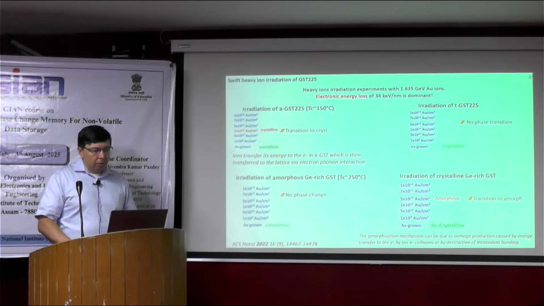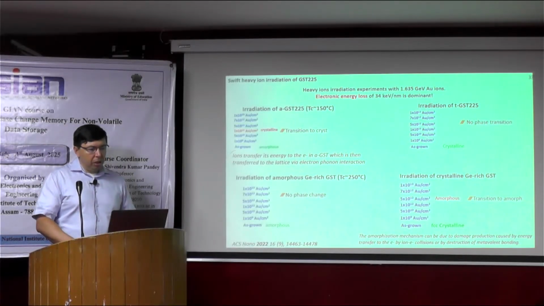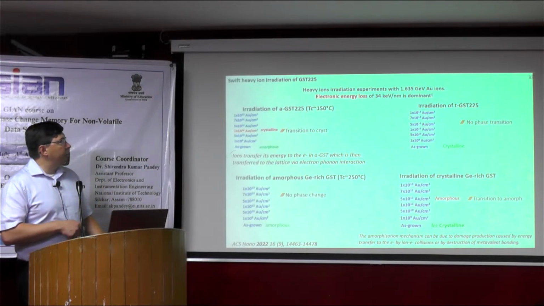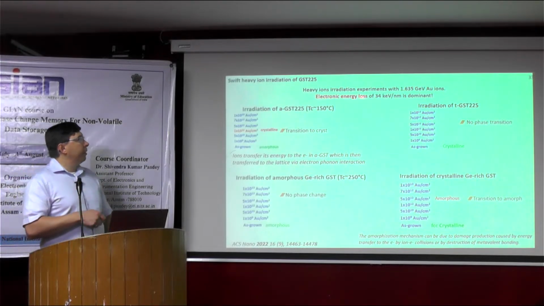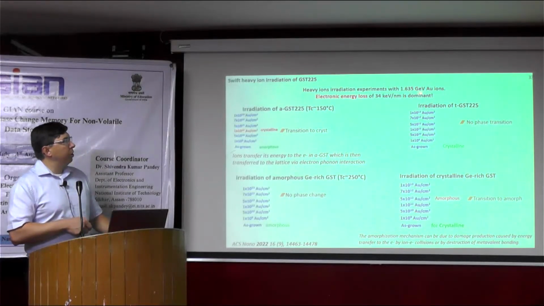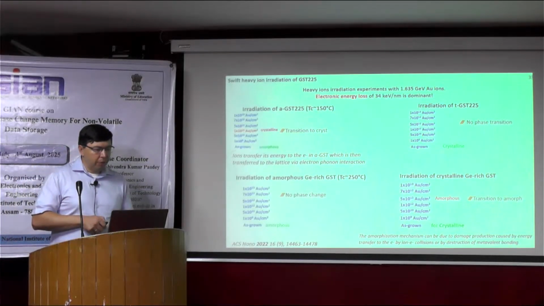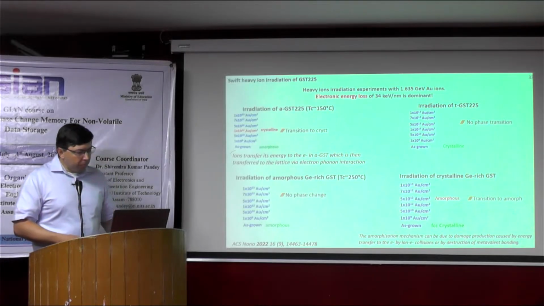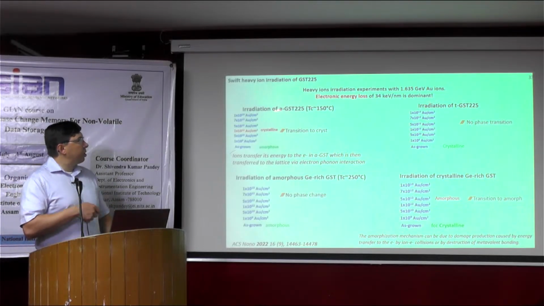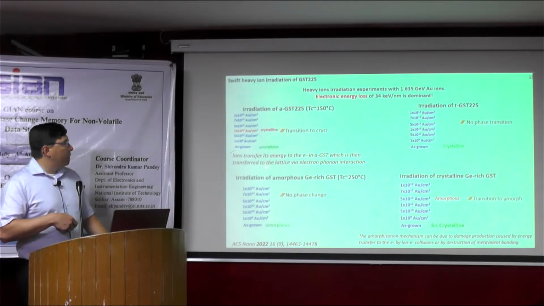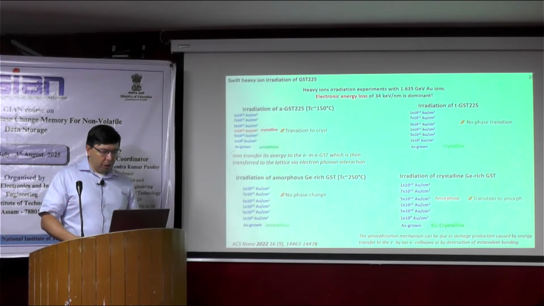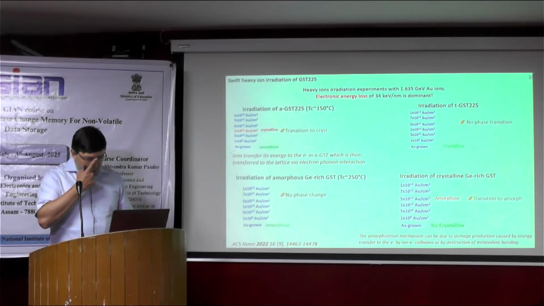If they also perform irradiation with slightly higher ion energy, with very heavy ions, like 1.64 GeV gold ions, they also induce electronic energy loss in GST 2-2-5. Here different structures were irradiated, like amorphous and trigonal, and also germanium-rich GST, to see the influence of structure and ions on the phase transition.